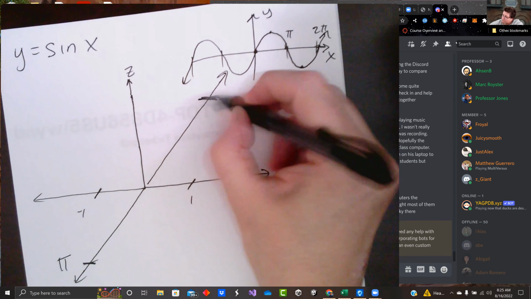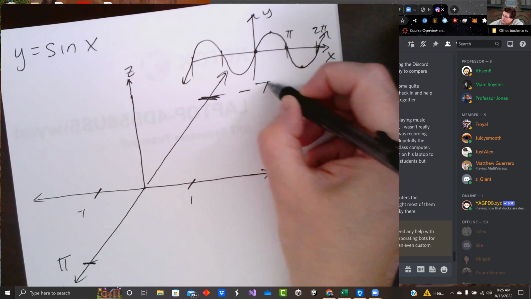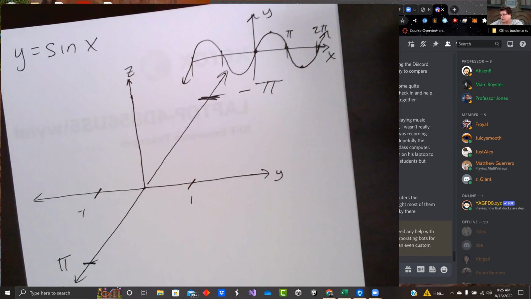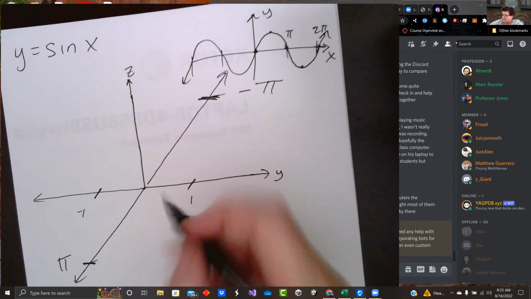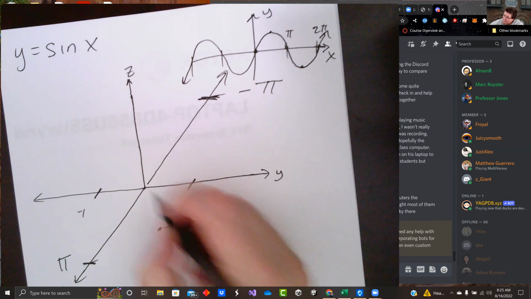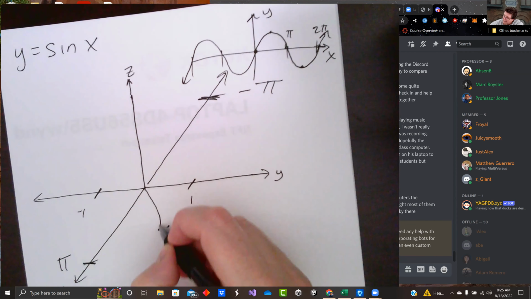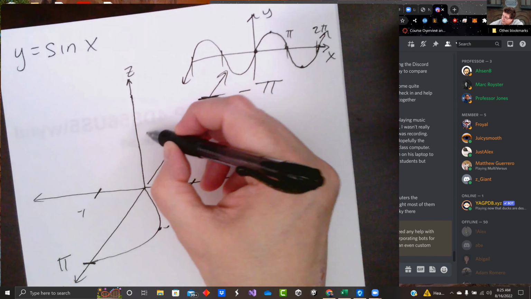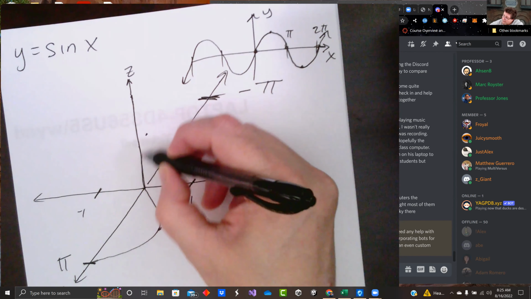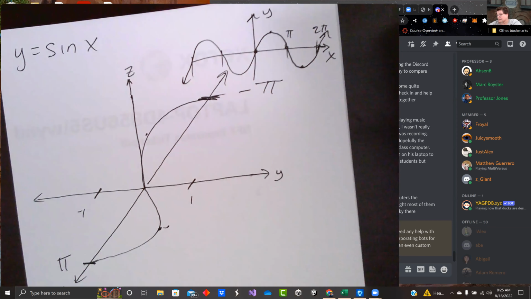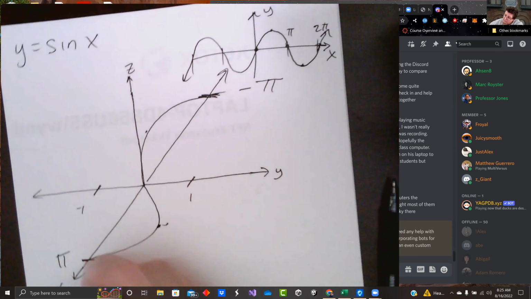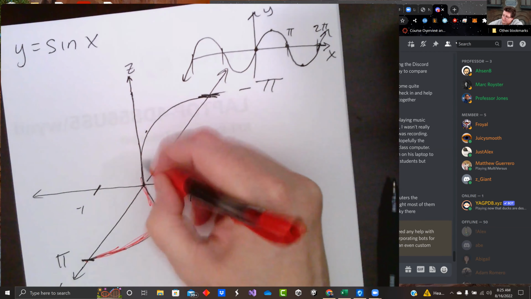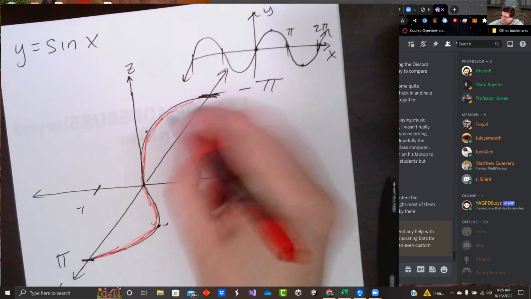That will catch the full range of the scale. So about the halfway point, it should be something like that, and about the halfway point, something like that. Maybe I'll change that to red because that's my sinusoidal curve.